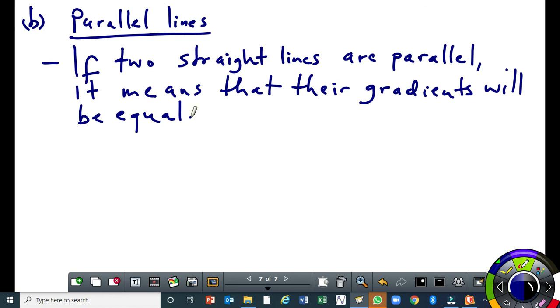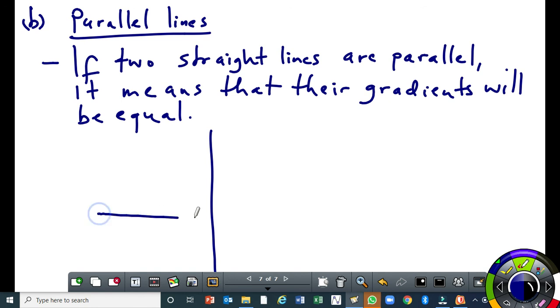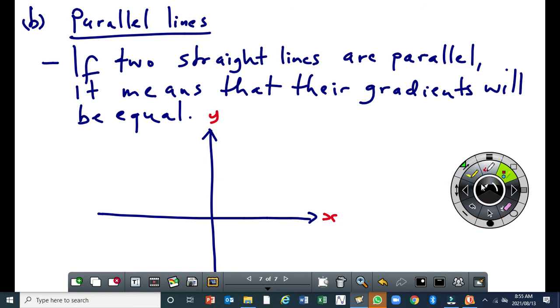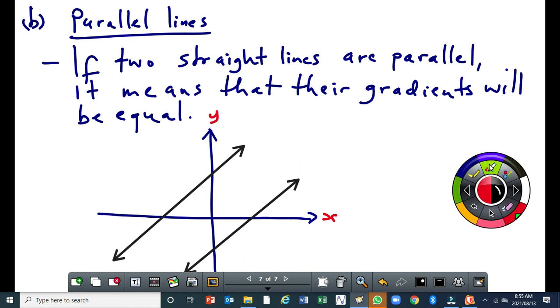What we are talking about is this. If I draw, obviously this is x, that's y. Let me use the straight lines here.